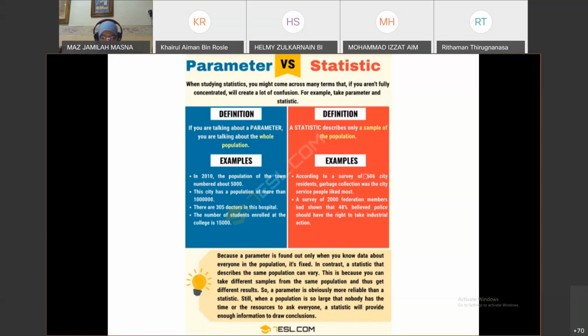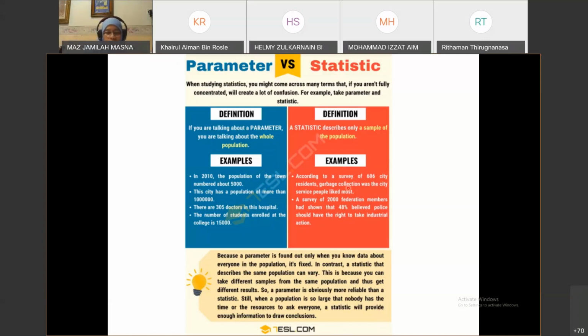According to a survey of 606 city residents, garbage collection was the city service people liked most. It means that 606 is a sample of the population of city residents. So the keyword is described by the surveyor. When you do a survey, it means that you are collecting your sample information.